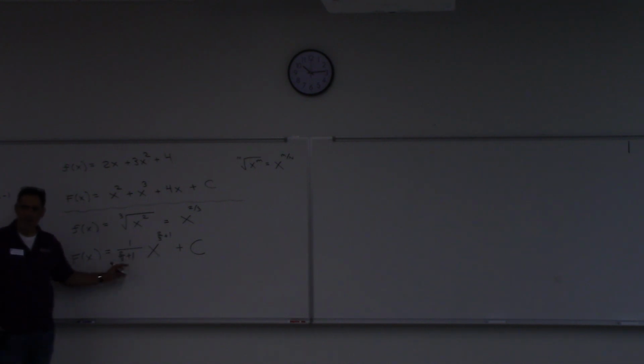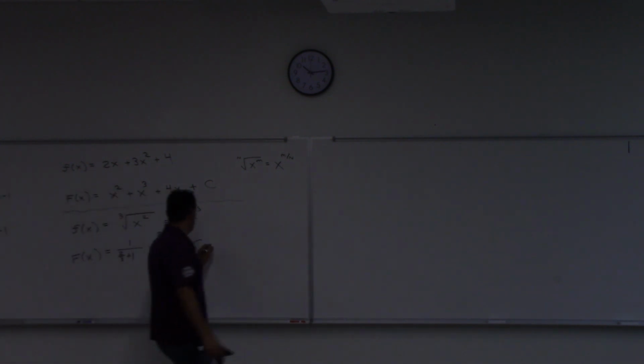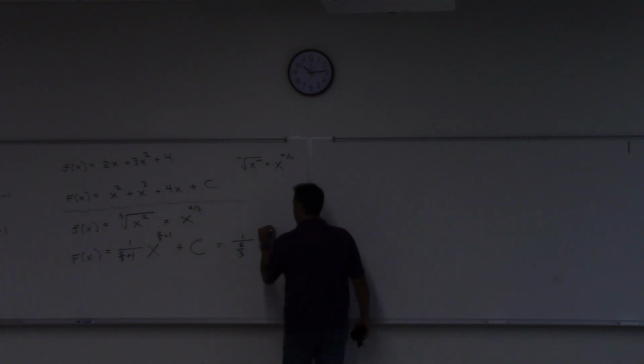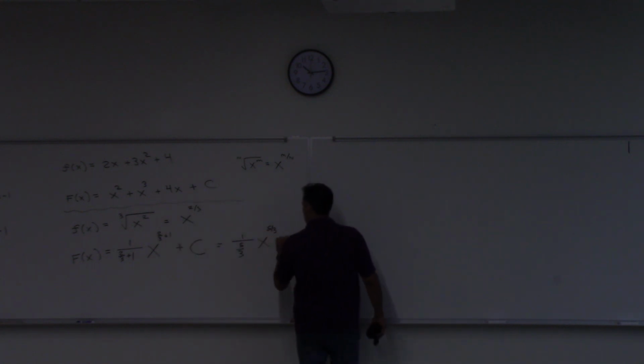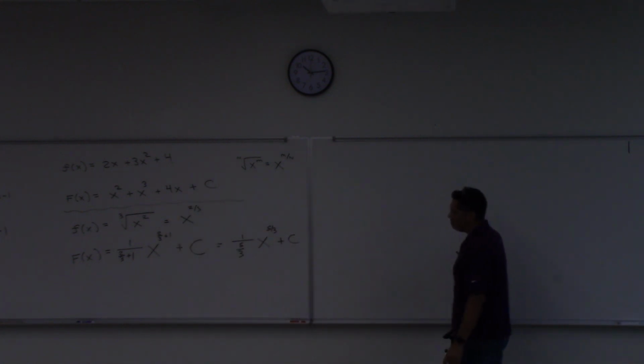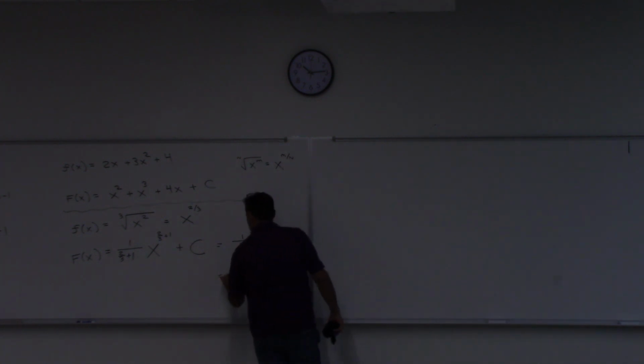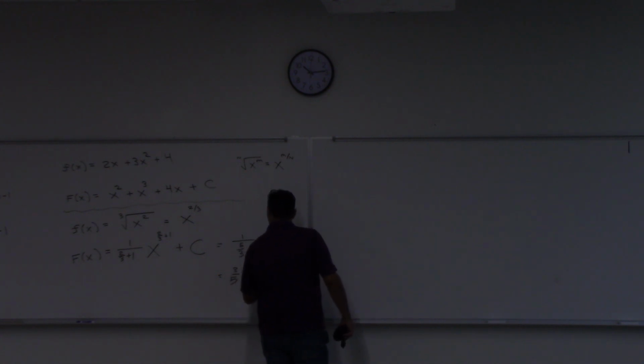But 2/3 plus 1, get a common denominator: 2/3 plus 3/3, 5/3. Okay, so let me continue. I have 1 over 5/3, x to the 2/3 plus 1, which is 5/3, plus c. And what's 1 over 5/3? 3/5, the reciprocal. So we have 3/5 x to the 5/3 plus c.